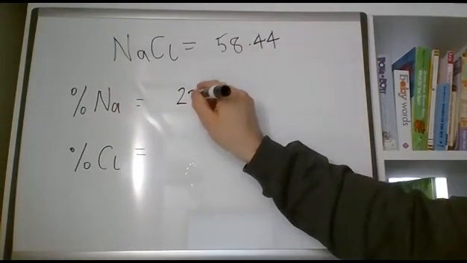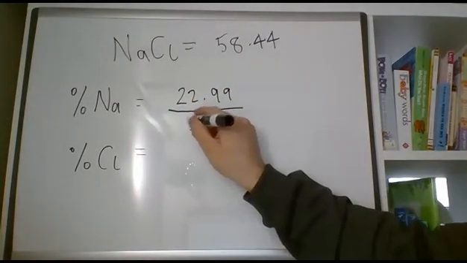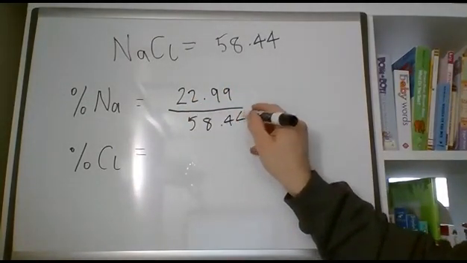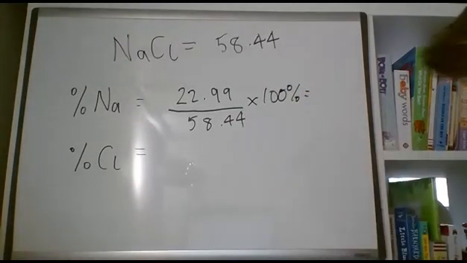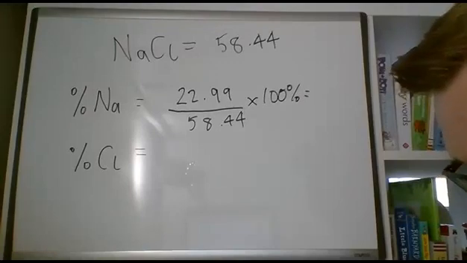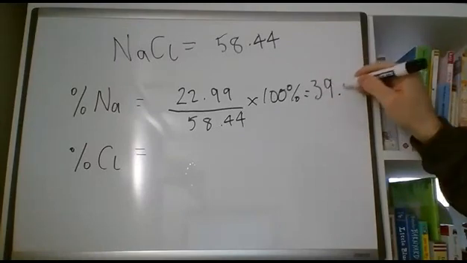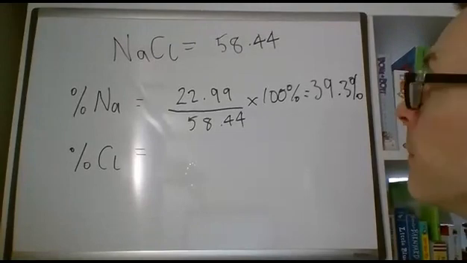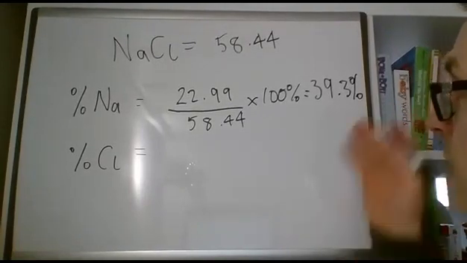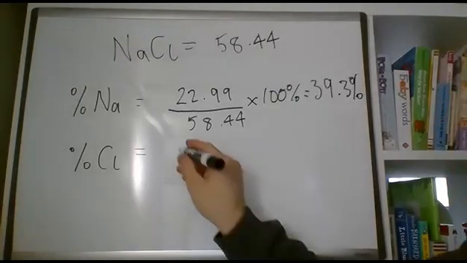Sodium is 22.99 out of a total of 58.44. As a percentage, that is 39.3%. So I know that this one is going to be 100 minus that, but we have to show our workings for full credit.